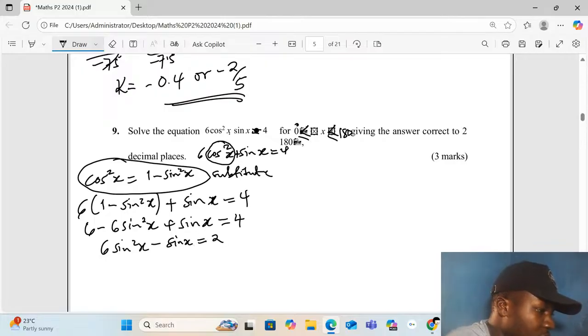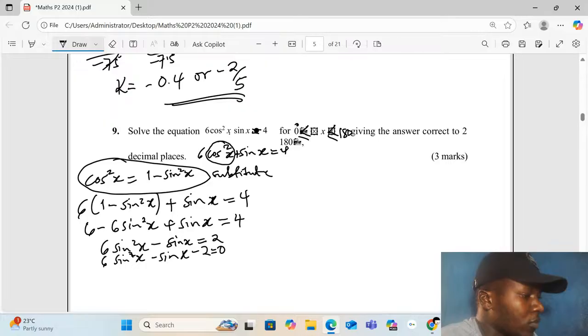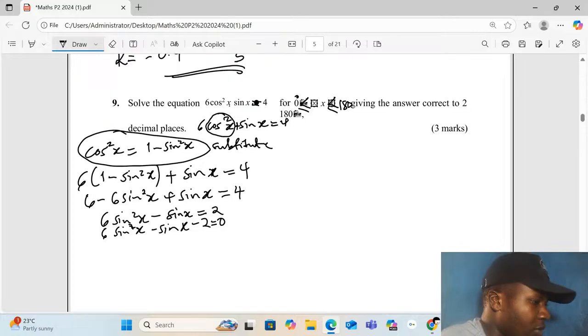Now move this 2 to the other side so that we equate to 0, so that we have 6 sin squared x minus sin x. Now this minus 2 is equal to 0. That way, then we continue.